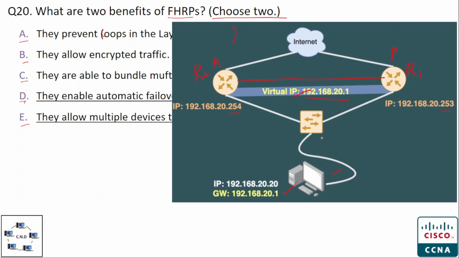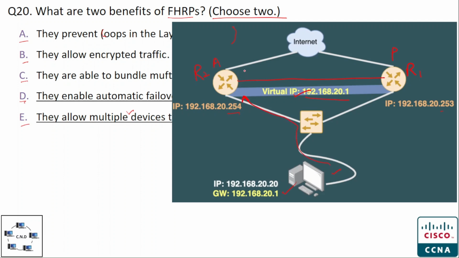So what is the benefit of this? For this client you do not need to configure both gateways, you only configure this virtual gateway as shown here. And the other benefit is that, let's suppose the traffic is being routed through these devices.